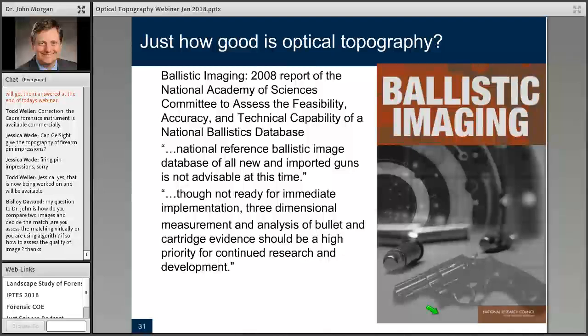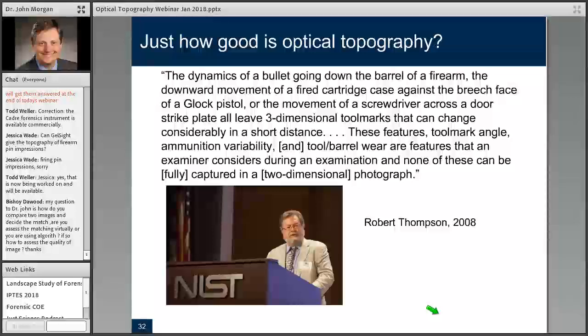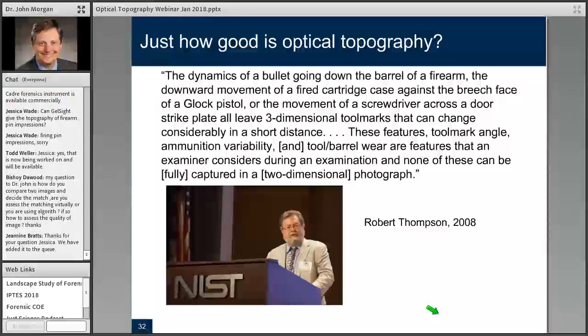And they said, no, it's not advisable because we just can't get good enough data. But these three-dimensional measurement systems might give you the capability to do that in the future. And at the time, my good friend Robert Thompson, who, if you recall, helped out with the long seminar on this topic out in Phoenix, summed it up very nicely.